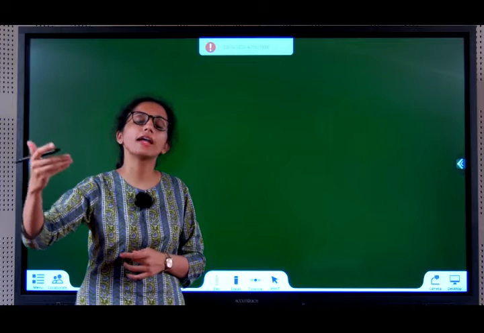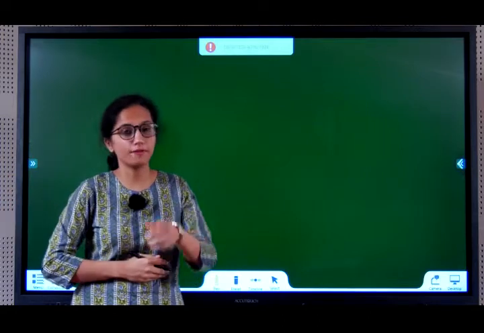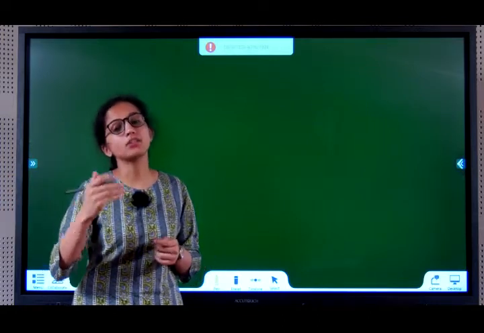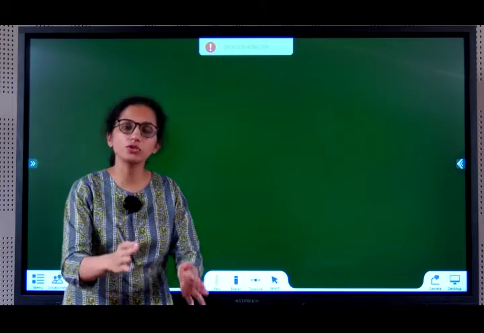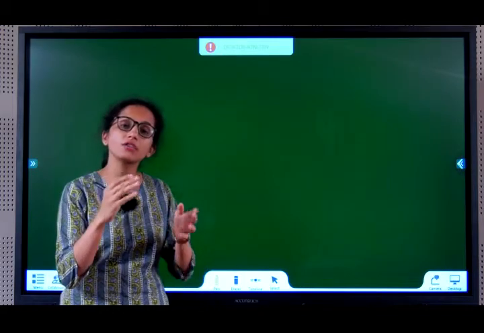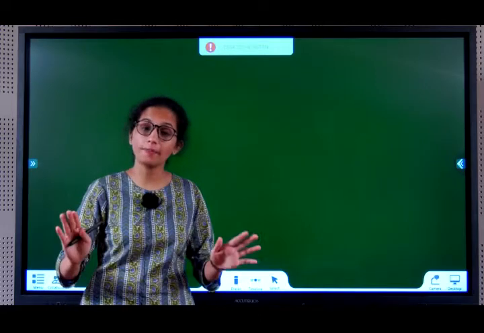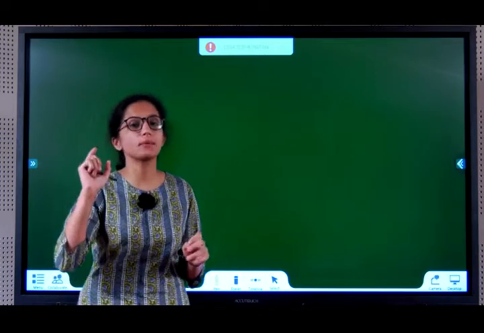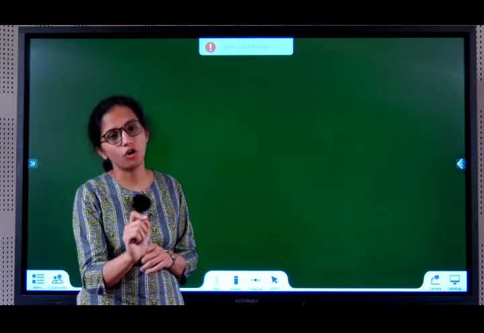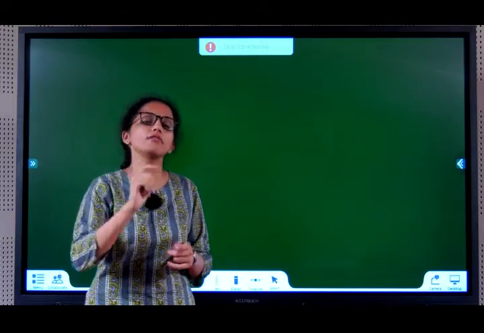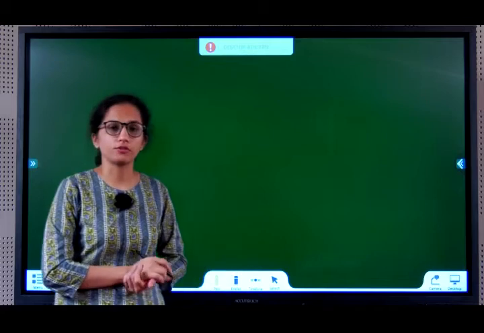If they say find the mean by using the direct method, please use direct. If they say find the mean using standard deviation, use standard deviation only. If the data is small or big or whatever, if they mention the method in the question, you have to follow it. If they don't mention it, that is when you have to decide which method to use.